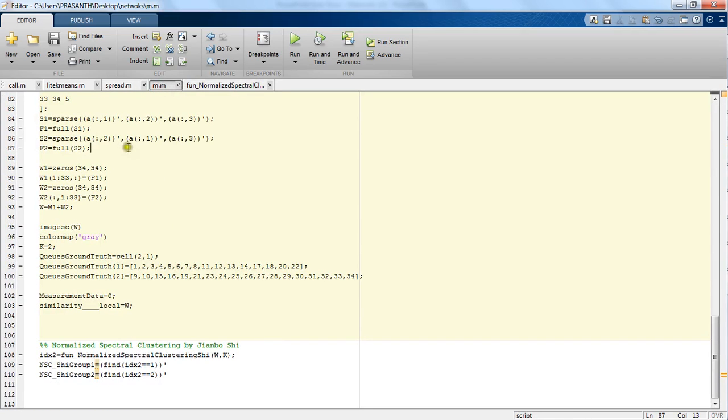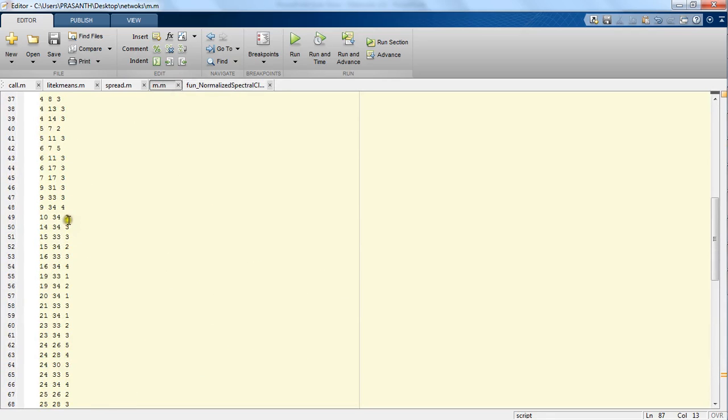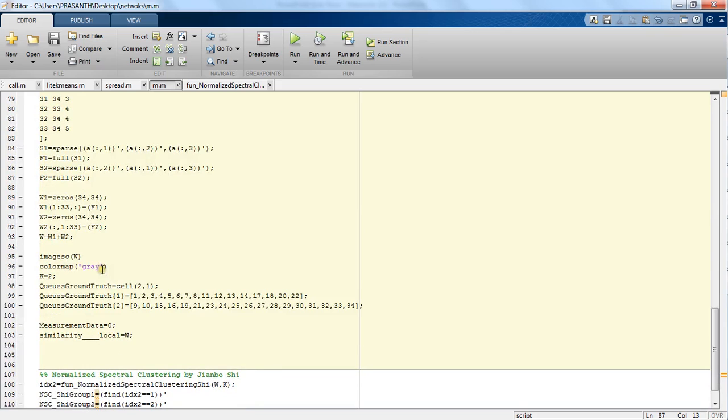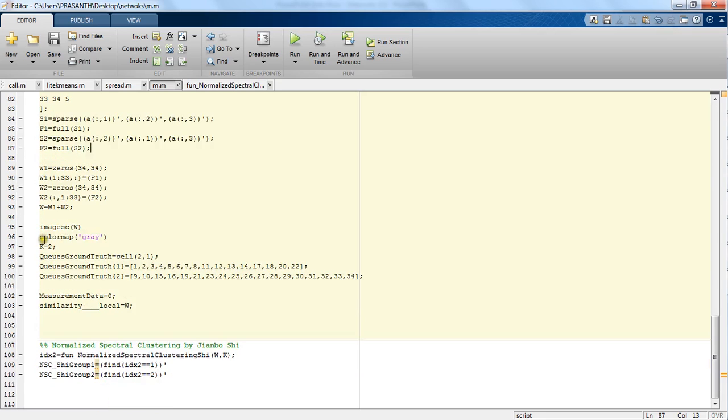What happens here is we load the data set, the Zachary data set matrix, and the sparse matrix and the full matrices are computed, and the weighted matrices W1 and W2 are zero matrices that are made, and the addition will form the weighted matrix W.